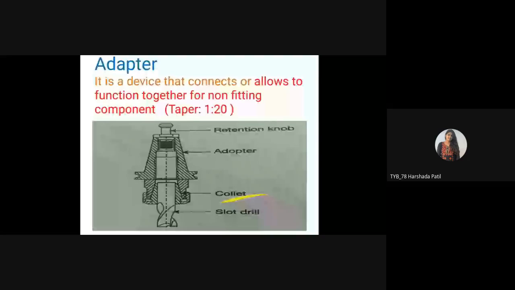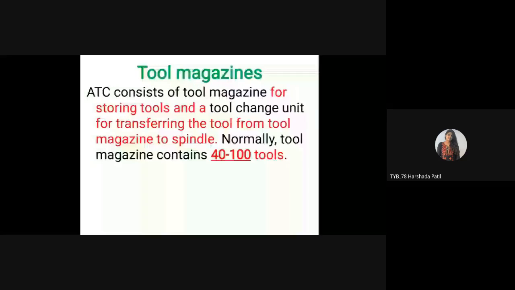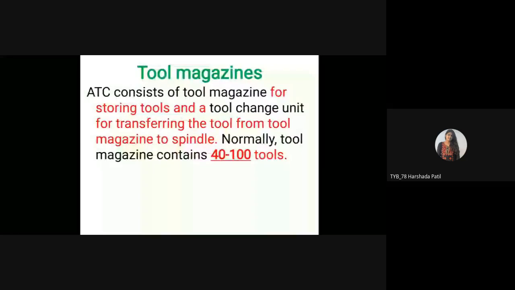Then we have discussed the tool magazine. Actually, a tool magazine is provided for the storage of tools only. Normally in this tool magazine we can store a maximum of 100 tools at a time on a single machine for manufacturing purposes. This is a good thing, because we can store a large number of tools in a single place.